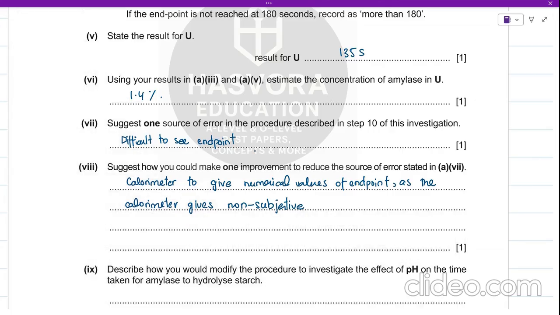So the colorimeter gives you numerical values. They are calculated values, not based on vision. It gives non-subjective values. The other improvement is to use a color standard, or a color chart, so you can see when the color change occurs.